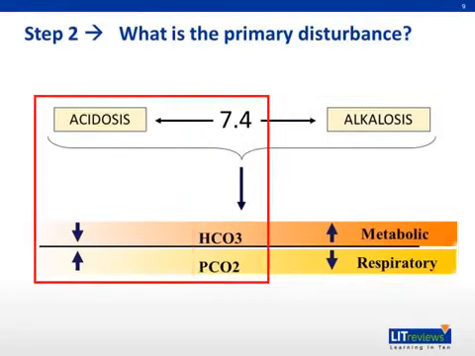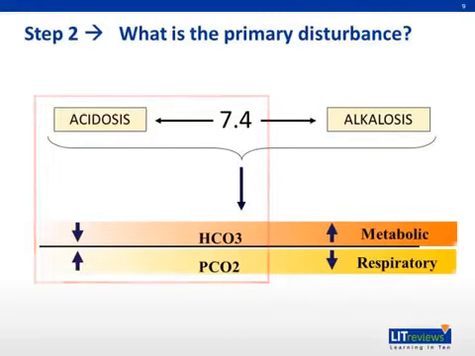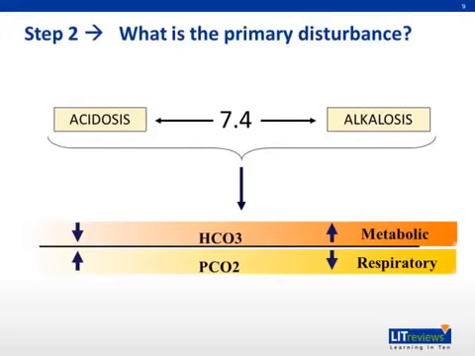If your pH is below 7.4, then what you're looking for is either a decreased bicarbonate or increased CO2. After you find the abnormality that explains the change in pH, then you're ready to determine the primary disturbance. If the abnormal pH is due to a change in bicarbonate, then it is a metabolic problem. If the abnormal pH is explained by a change in CO2, then it is a respiratory problem.